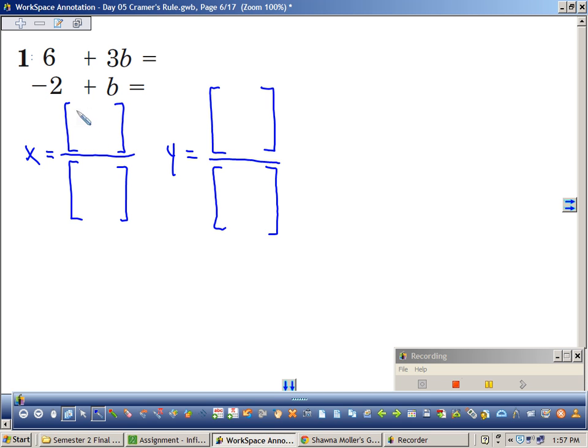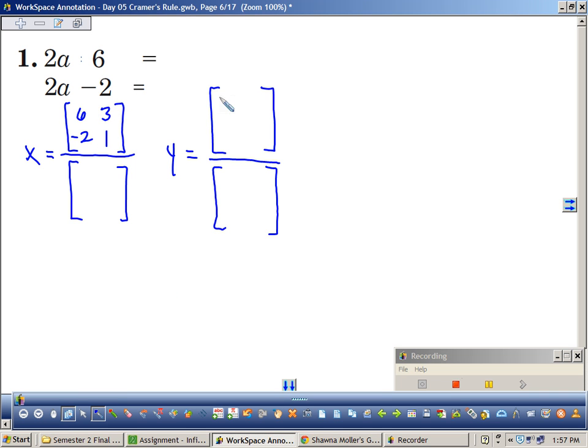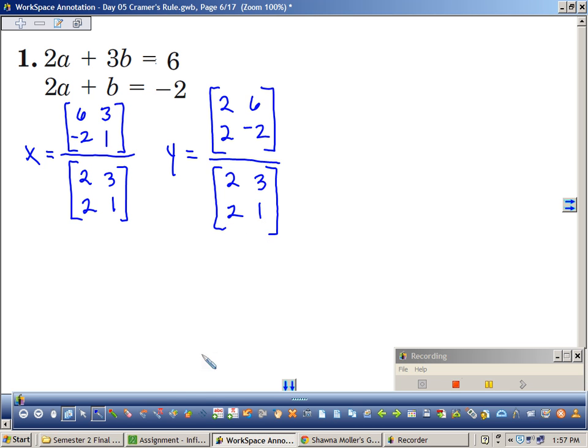So what goes here? 6, 3, -2, 1, and here 2, 2, 6, -2, and in the denominator I just do these four right here: 2, 3, 2, 1. The denominator is always the same.